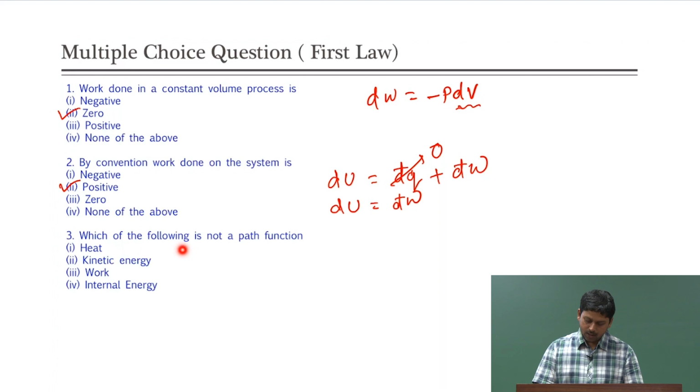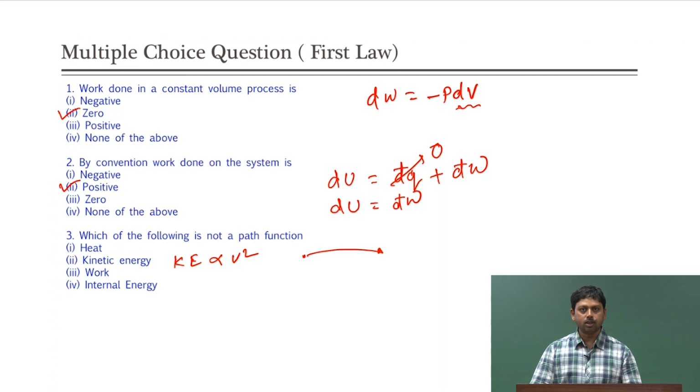Kinetic energy is a little bit tricky one. You might think that this is energy and therefore it will be a state function. However, kinetic energy is proportional to mass and velocity squared. Now, mass is of course intrinsic to the system. However, a system can go from one state to another using different velocities. It can be faster and then slower, or slower and then faster.